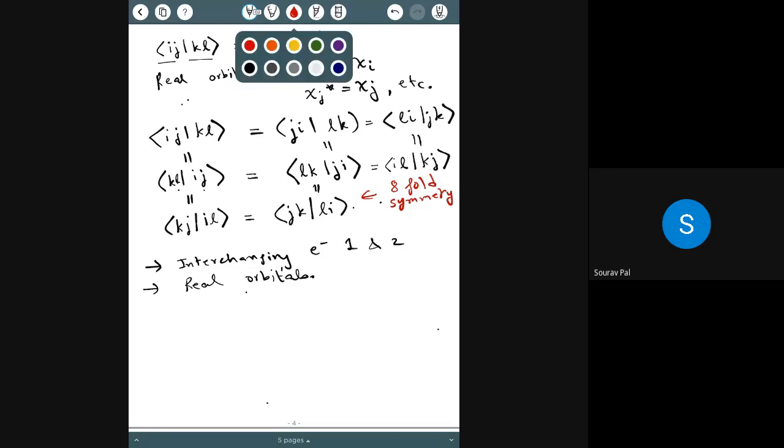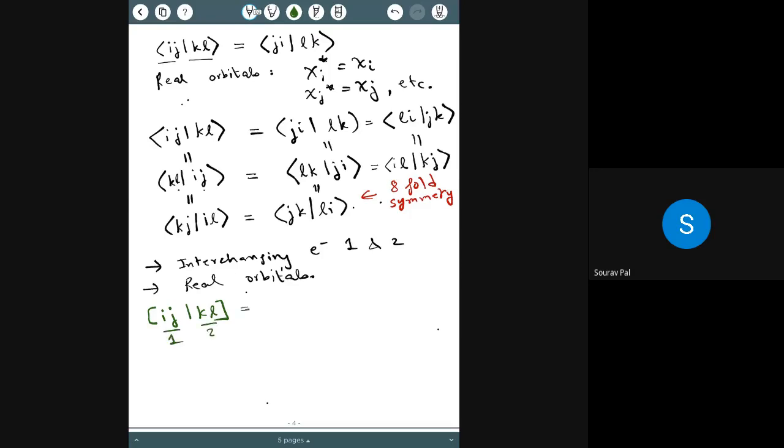I will also do that so that you become comfortable with the notation. So if I have IJKL in Mulliken notation, this is electron 1, this is electron 2. So interchanging electron 1 and 2 means simply KLIJ.